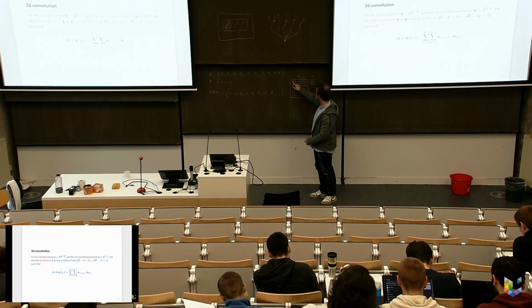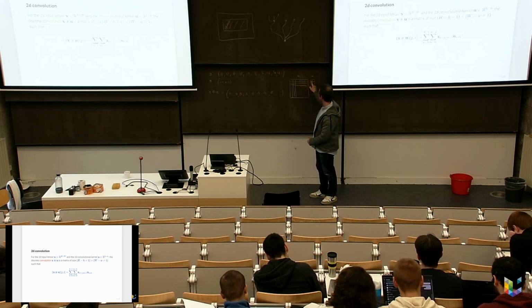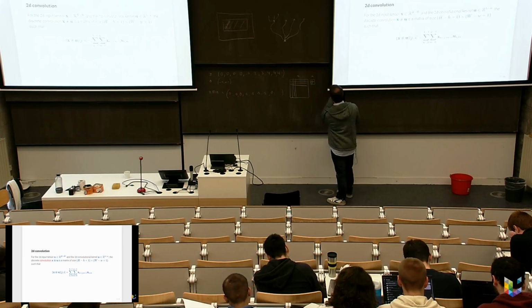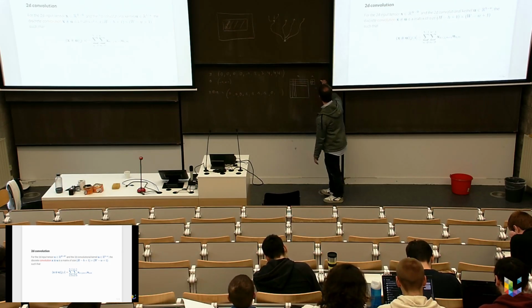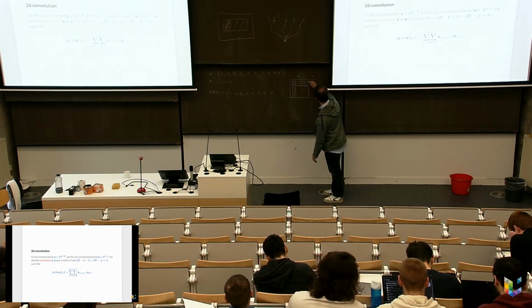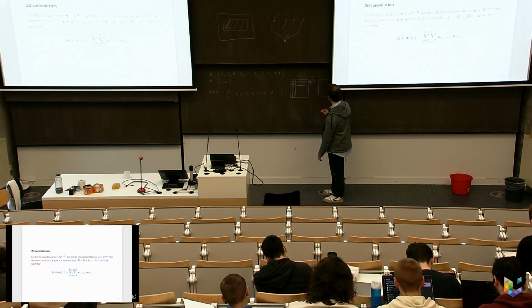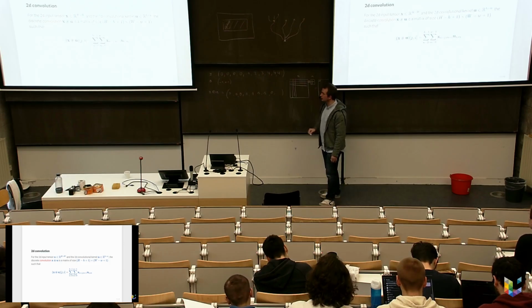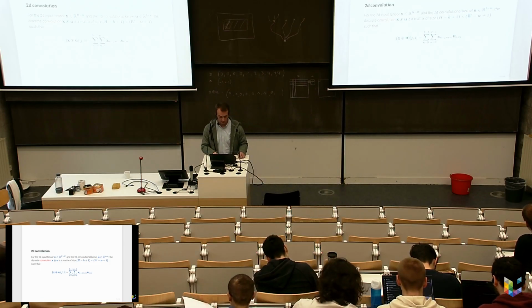Then we compute the element-wise products, so this element with this element, this element with this element, and we sum everything together. And then we report in another matrix the result of the sum of element-wise products. And this is what you have there in the formula.